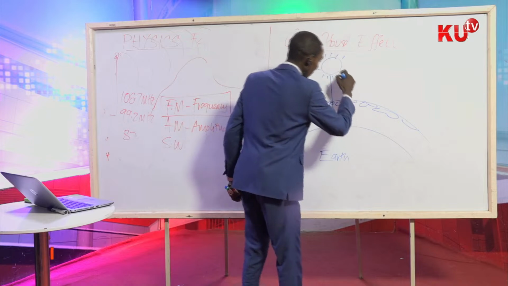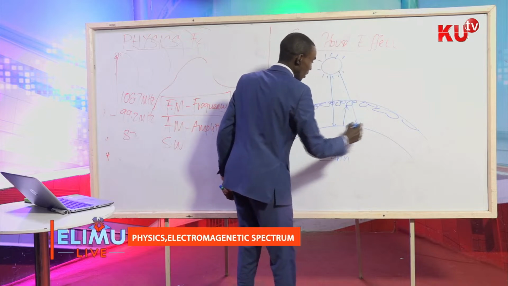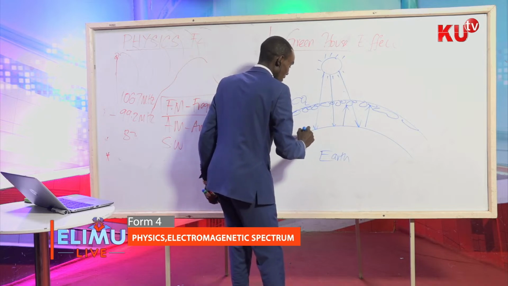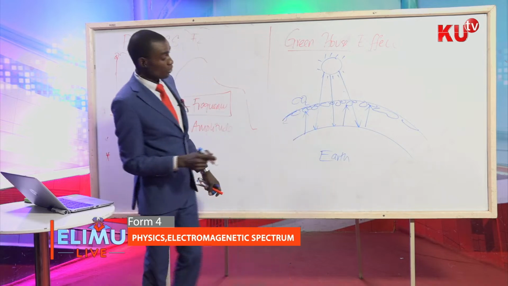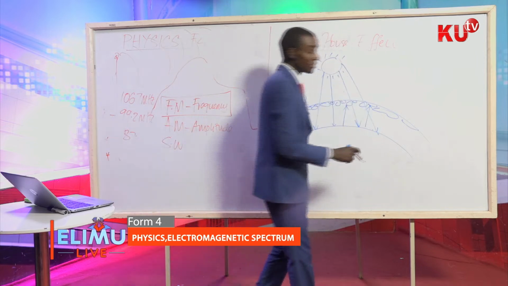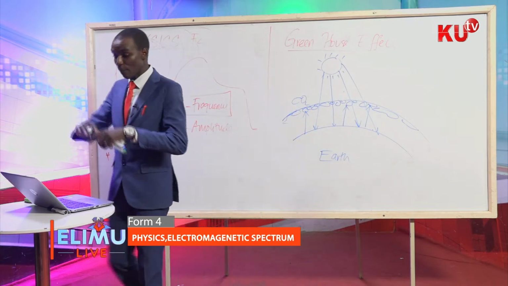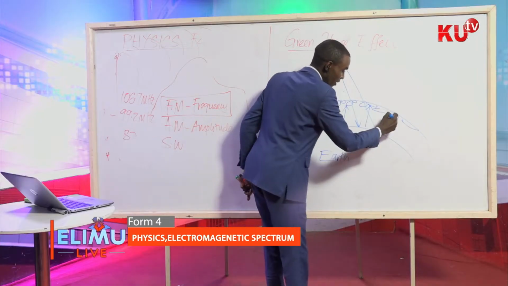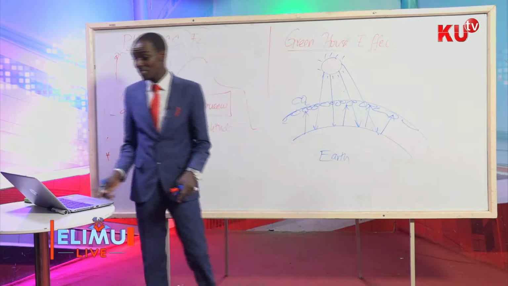So this heat is coming one way, but then it is trapped. You find yourself in a scenario where the Earth is encapsulated in a blanket of cloud and gases that prevent the heat from escaping. So what is the danger of this?